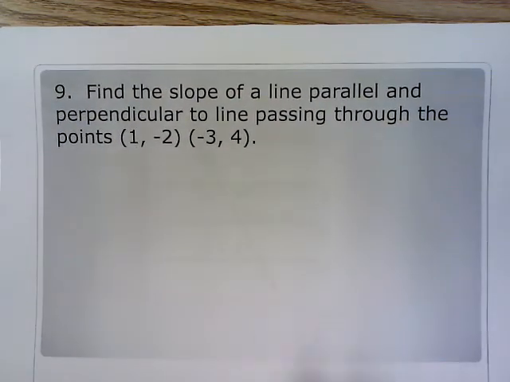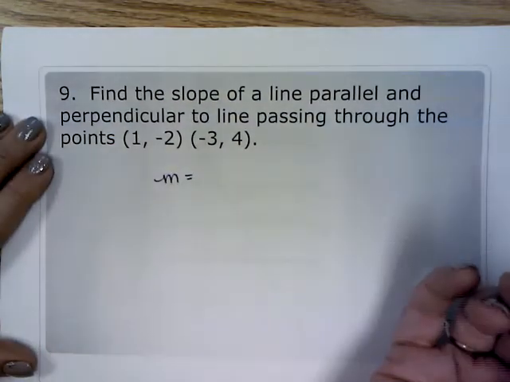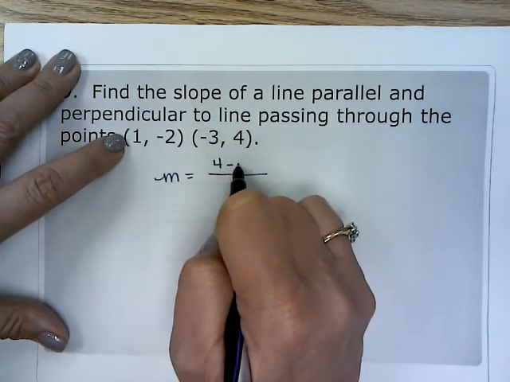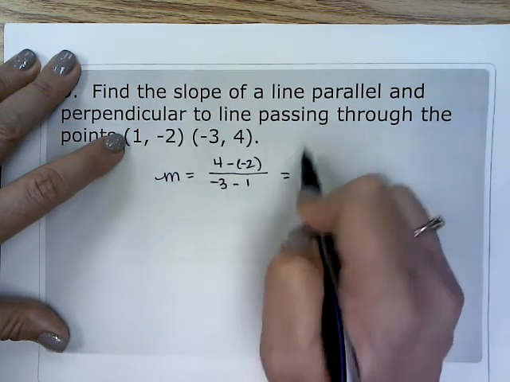Okay, now I want to find the slope of a line parallel and perpendicular to a line passing through these points. So the first thing I'm going to have to do is find the slope of the 2 points. So again, y2 minus y1 over x2 minus x1.